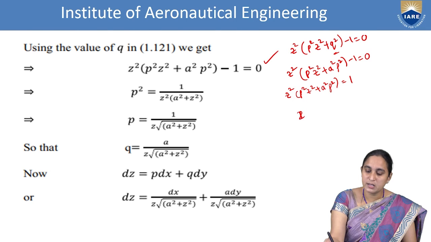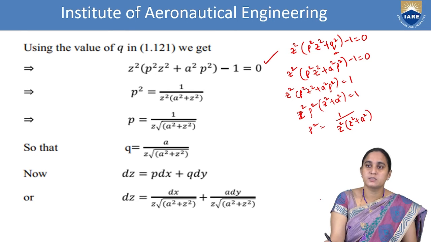From the LHS side, what is common? z square and p square are common, and the remaining is z square plus a square, equal to 1. From that, p square is equal to 1 by z square into z square plus a square.